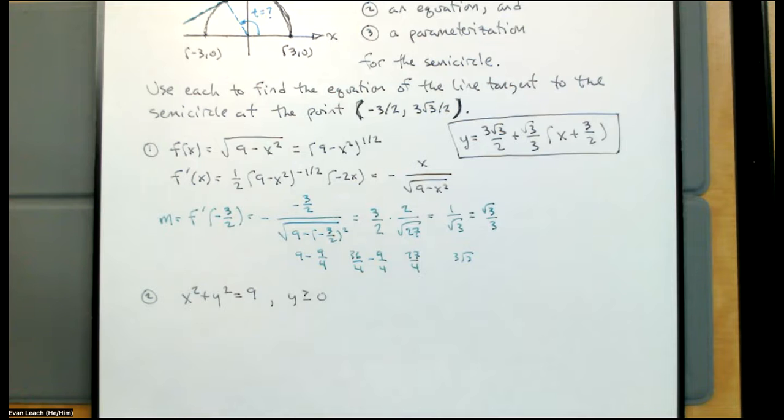The point is already available, negative 3/2 and 3 root 3 over 2. But we need the slope. For the slope, we need dy dx. Since our equation is not written in function form, we can use implicit differentiation to get at dy dx. So I'm going to use implicit differentiation for this one.